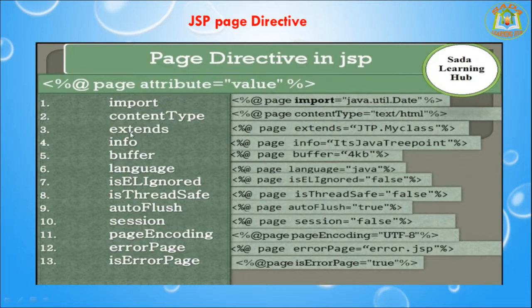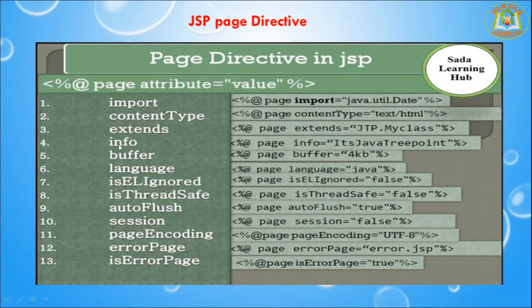The next one is extends. The extends means we can extend some other Java classes into your JSP file. In that situation, you can use the extends attribute. The next one is the info attribute.